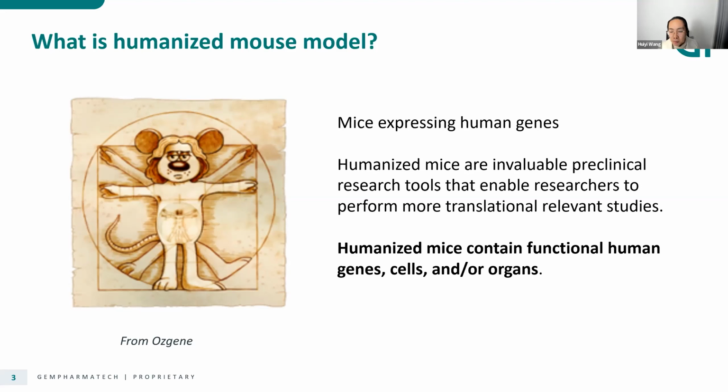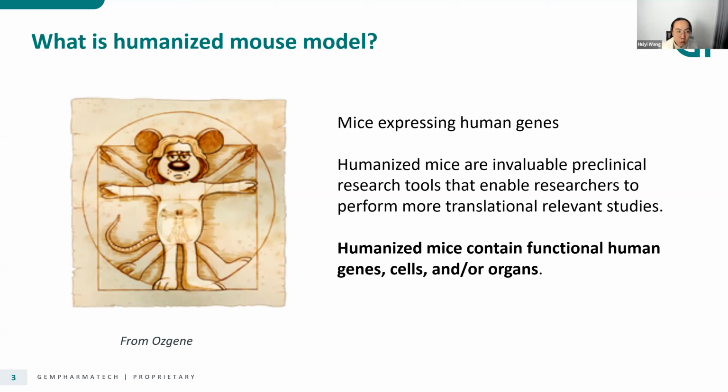There are components of mouse biology systems that are inconsistent with human patterns, particularly the immune system. So, humanized mouse models have begun to fill this gap.